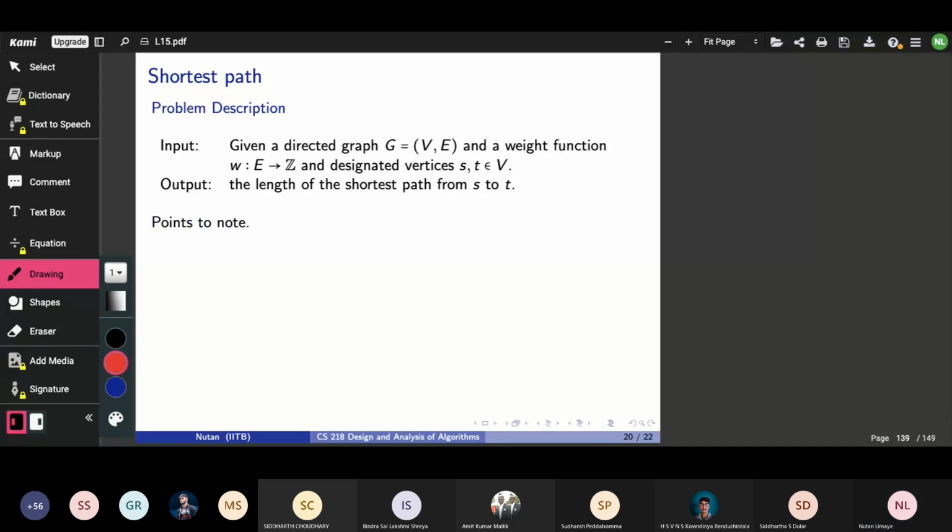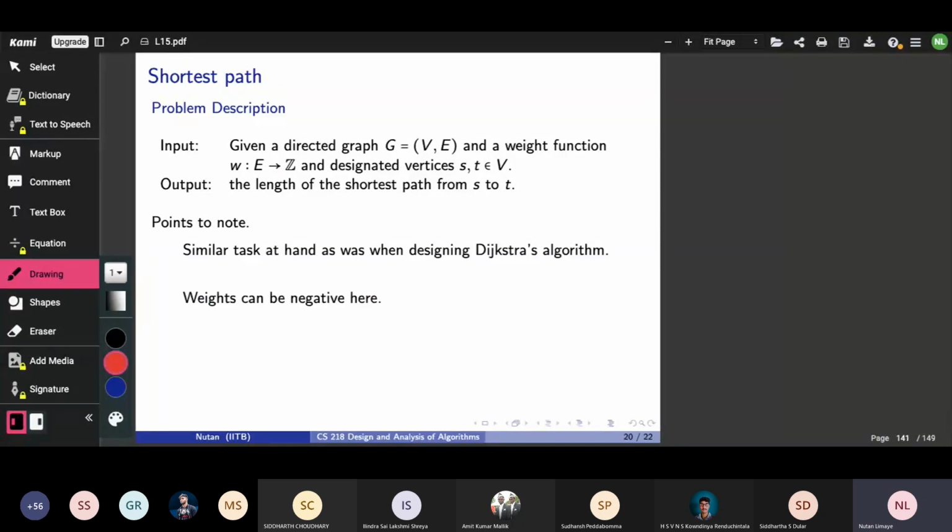So the task is very similar to Dijkstra's algorithm. The only difference is that the weights can be negative, and we haven't said anything about the graph having cycles or no cycles. So suppose I tell you that weights are allowed to be negative and the graph is allowed to have cycles. Then what is the shortest path problem then?